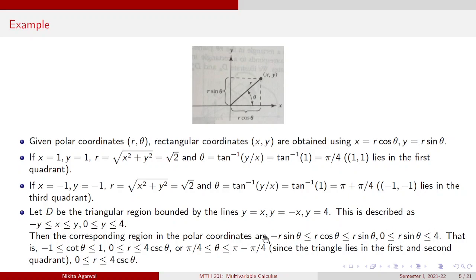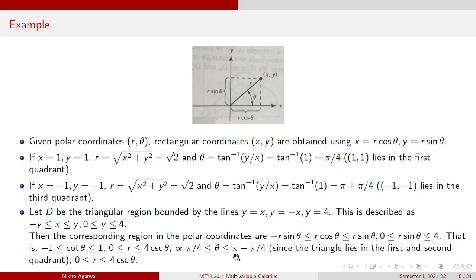So if you rearrange the terms here, you divide everything by sine theta, you get this, right? And the second equation, if you divide by sine theta, you get this, right? And this can also be written as, now cot theta lies between minus 1 and 1, therefore theta lies between pi by 4 and pi minus pi by 4, right? Those are the values when cot theta takes the value minus 1 and 1.